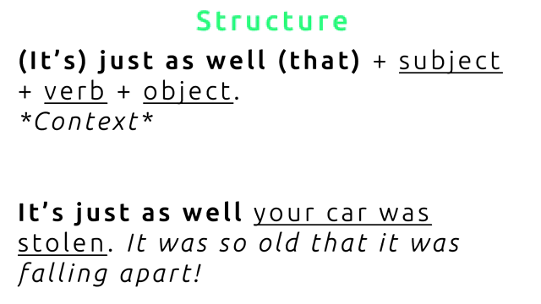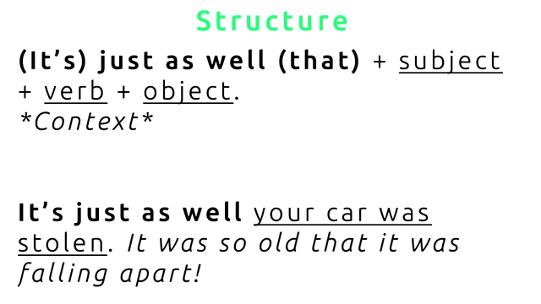Now, there's a couple of other things we have to note. Have a look at this. When we use this pattern, it's just as well that plus subject, verb, and object, we also need some context about the situation. We can use this context after the pattern.